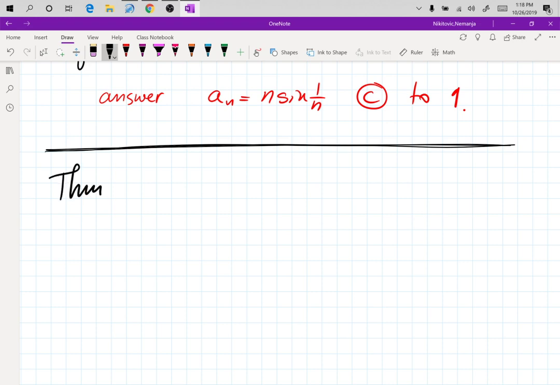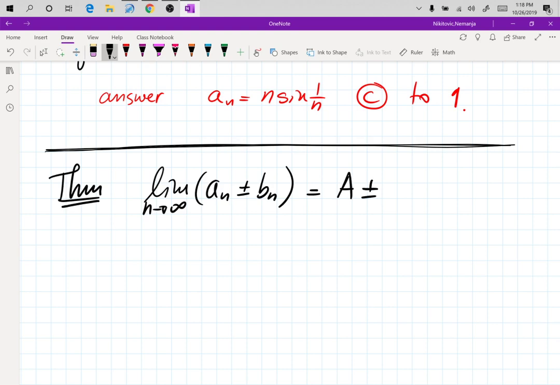So we have the theorem which says the limit of an plus or minus bn as n goes to infinity will be equal to a plus or minus b, meaning that if you have multiple terms inside, you would have to deal with each one. These are technically the limit laws from 2.3 repeated, the same ones, just condensed. Limit of c times an will be c times a as n goes to infinity.